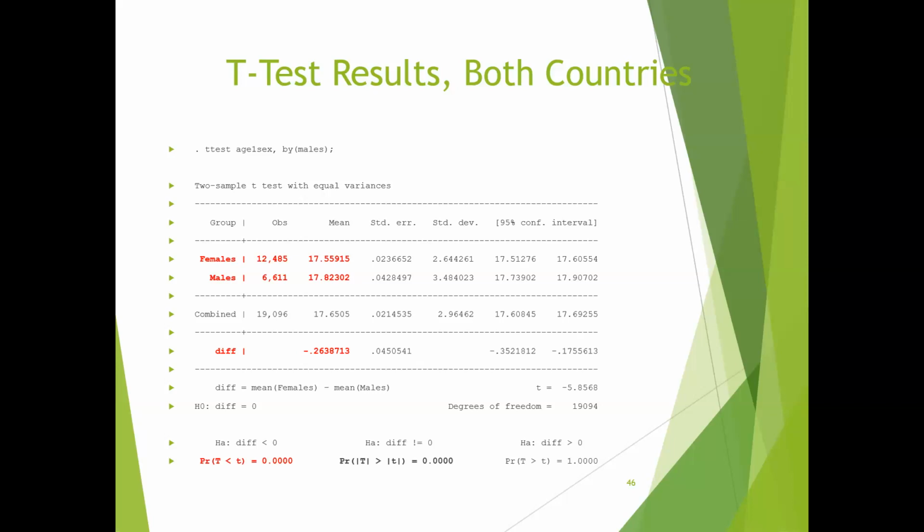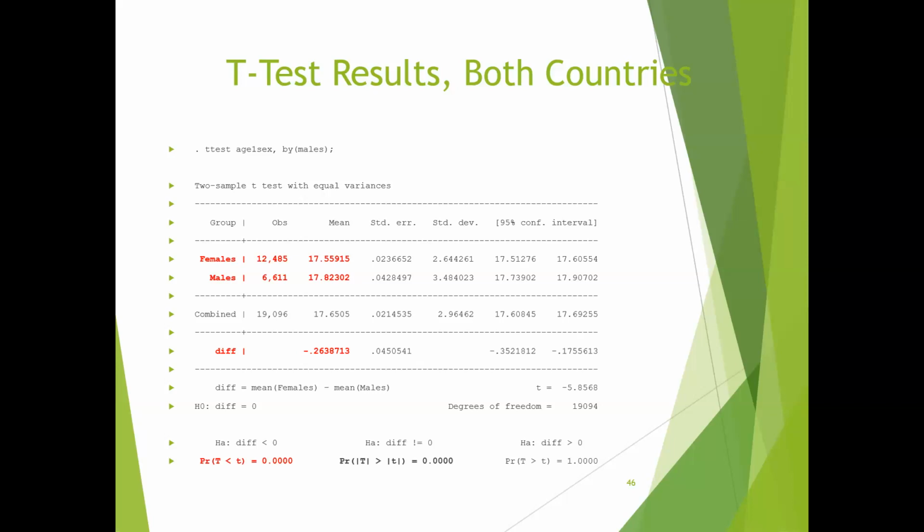Every time I take the sample and conduct a t-test, I get an answer in terms of the difference in the means. And if that answer comes out to around negative 0.263, that means that the difference is statistically significant.